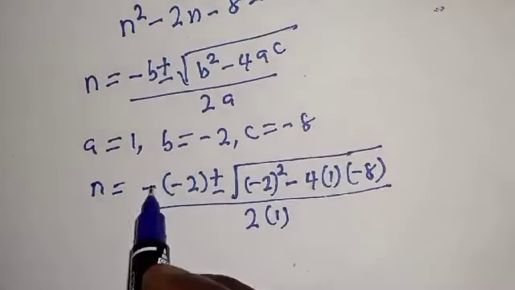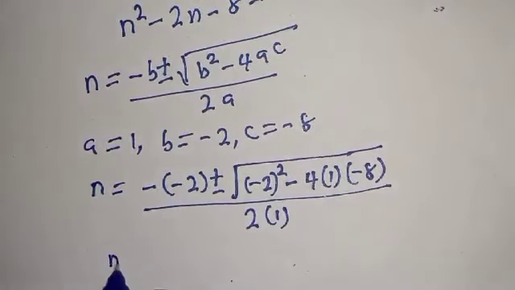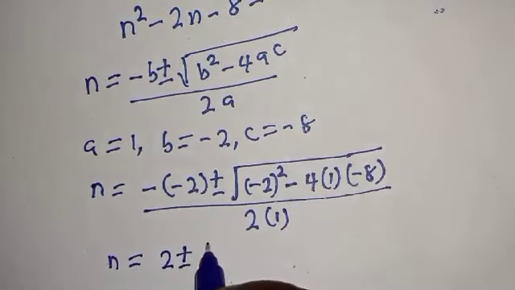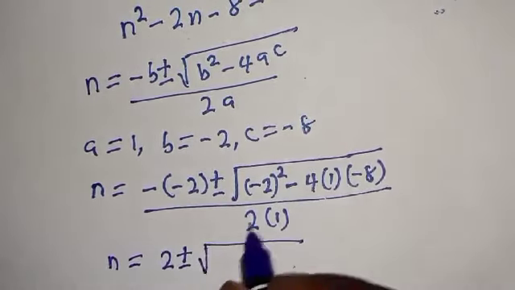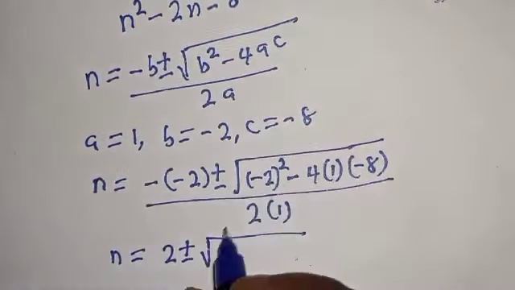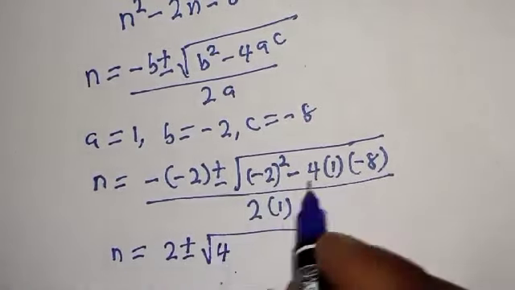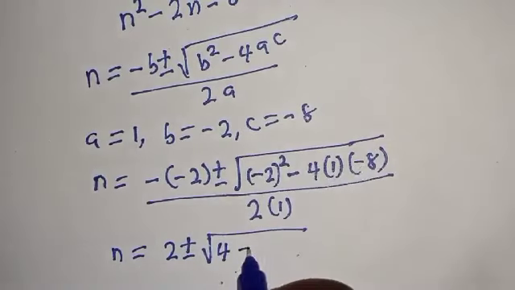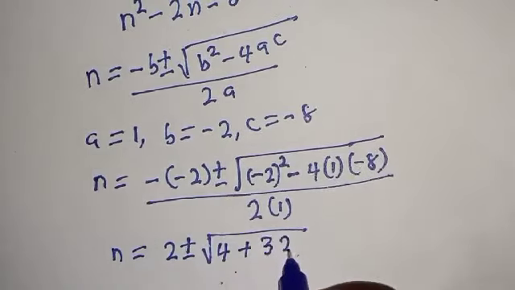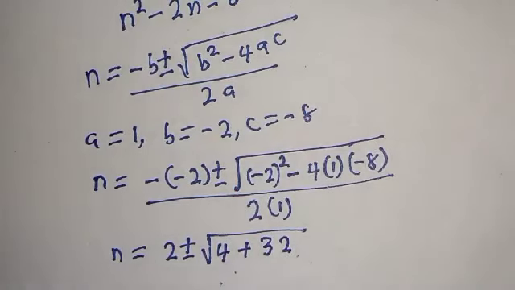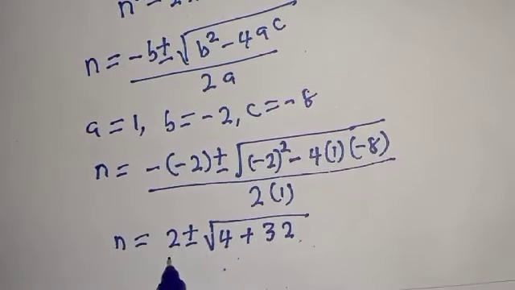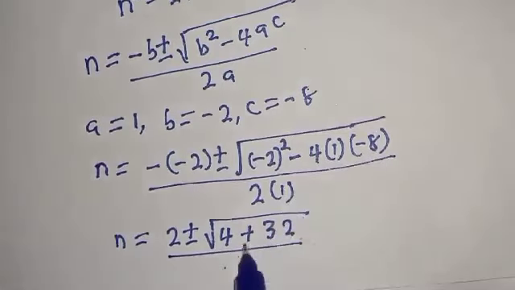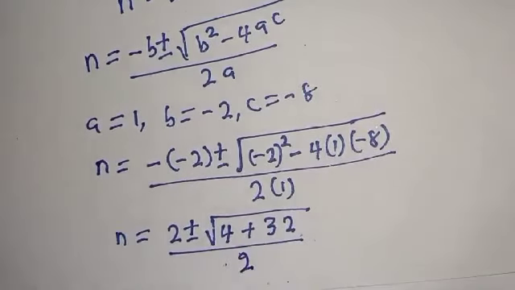Minus times minus 2, n is equal to 2 plus or minus square root of minus 2 squared, which is 4, minus 4 times 1 times minus 8. This is plus 32, over 2 times 1, which is 2.